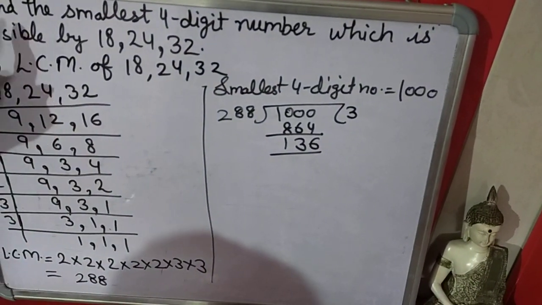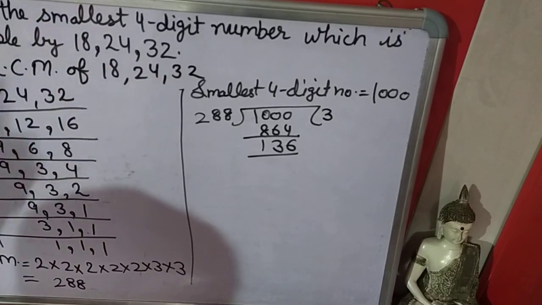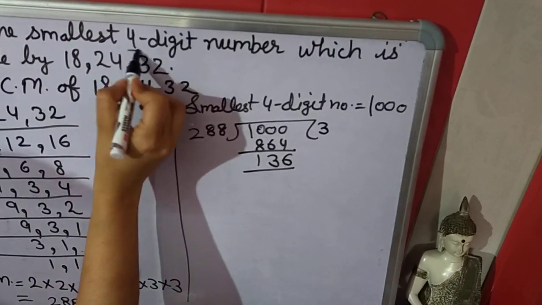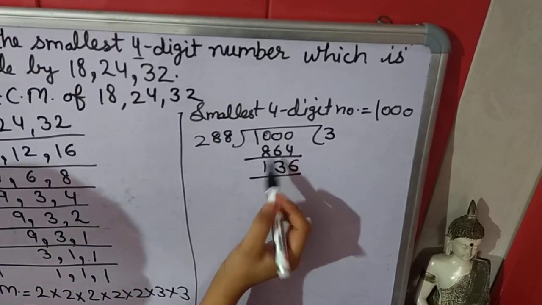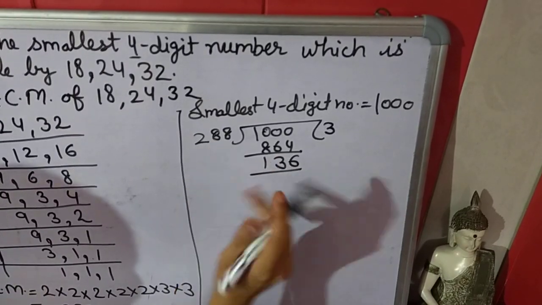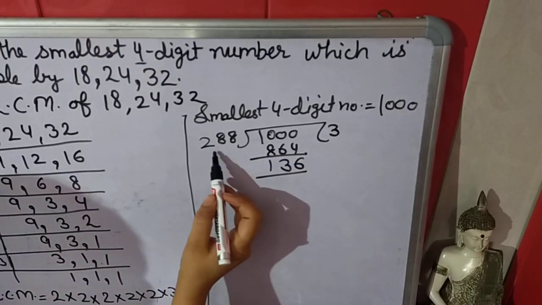Now I told you if you have to find the smallest 4-digit number, you have to take the next multiple of this, because he is saying 4-digit number but this is a 3-digit number. So for a 4-digit number we have to take the next multiple of 288. This 864 is a multiple of 288.